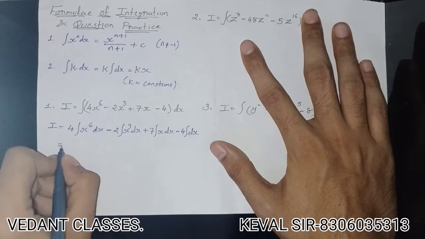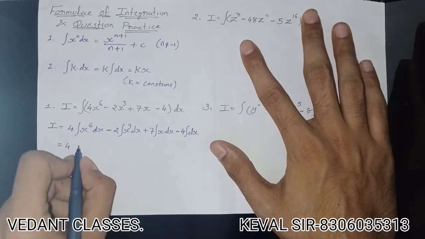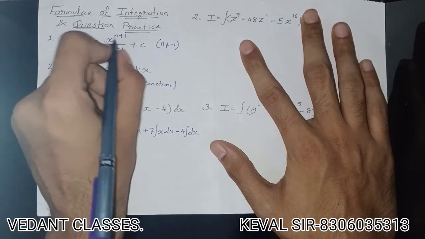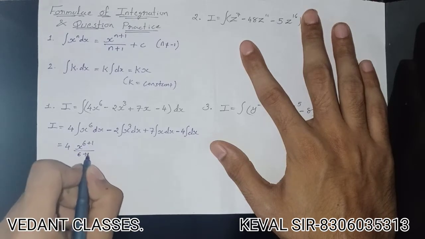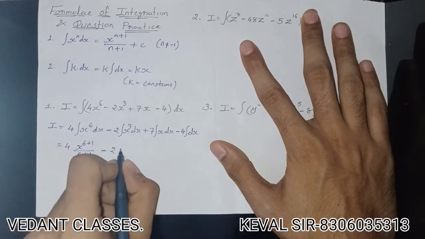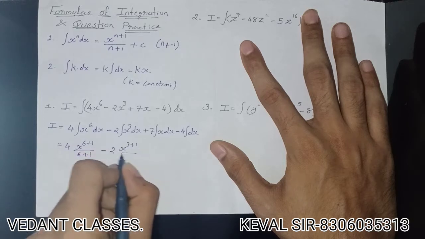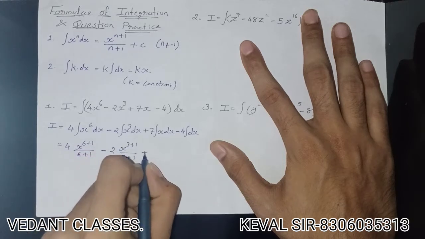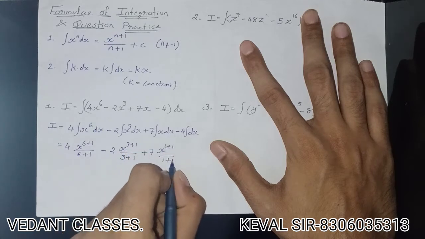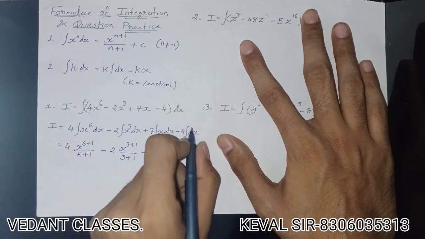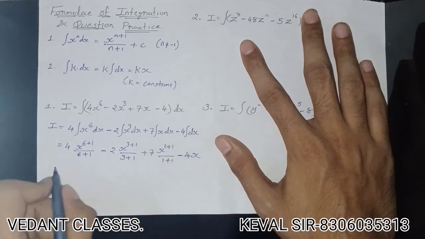So this will be 4, and now you need to add one to the power, so it will be x raised to 6 plus 1 upon 6 plus 1, minus 2 times x raised to 3 plus 1 upon 3 plus 1, plus 7 times x raised to 1 plus 1 upon 1 plus 1, minus 4, and this we can directly write as x.